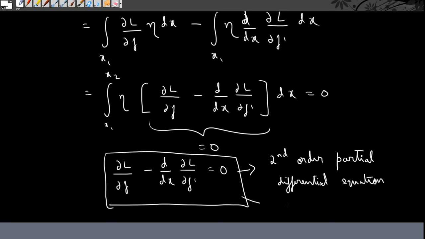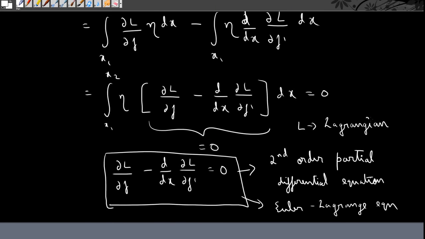And this equation is called the Euler-Lagrange equation. So this function L is called the Lagrangian. So L is called the Lagrangian, and that's where the name comes from.